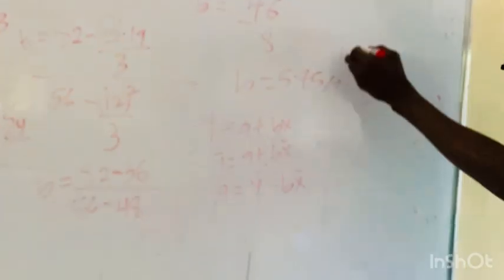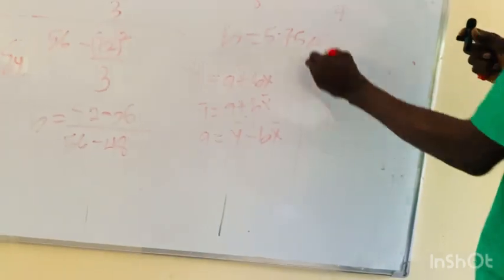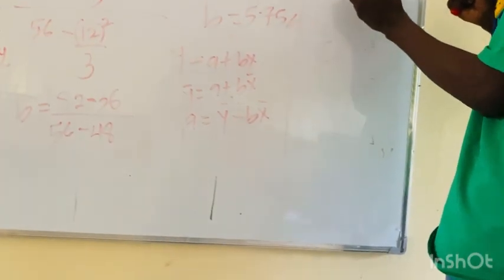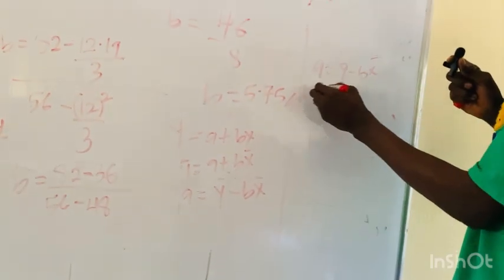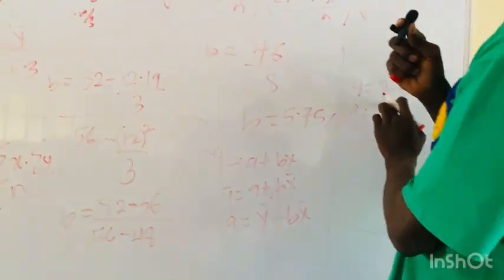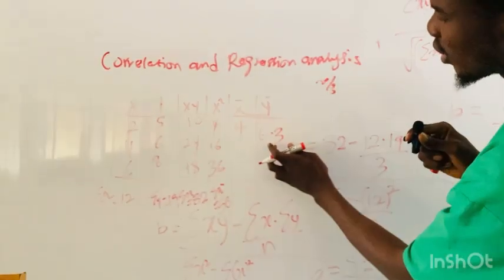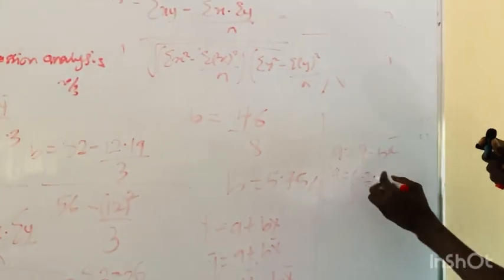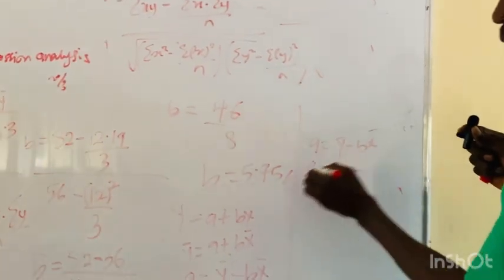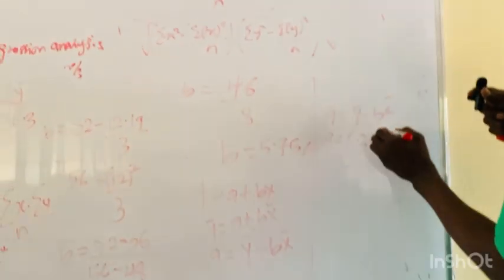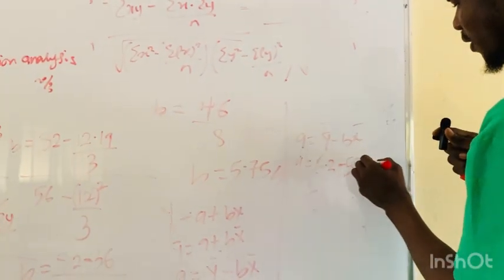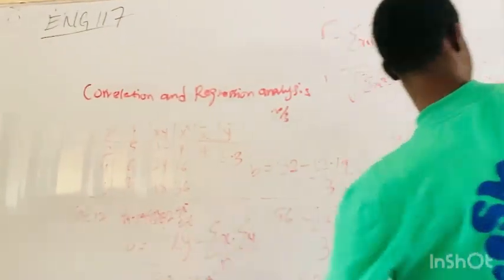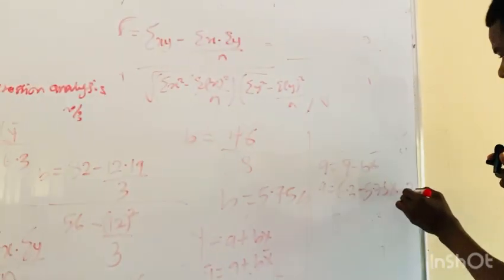So then our a is equal to y bar minus b x bar. What's our y bar? Our mean is 6.3. So 6.3 minus b, which is 5.75, multiplied by our x mean, which is 12.